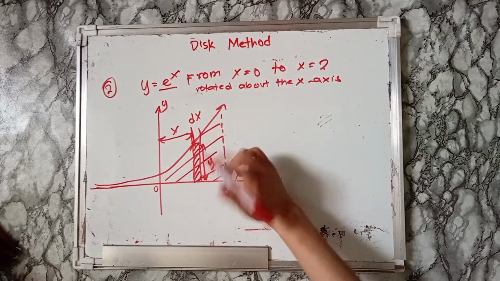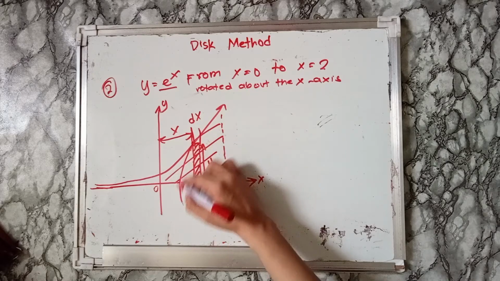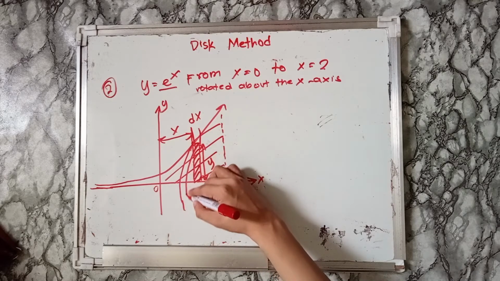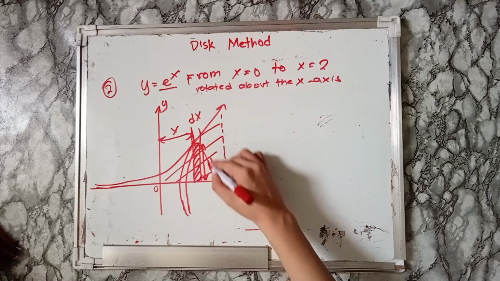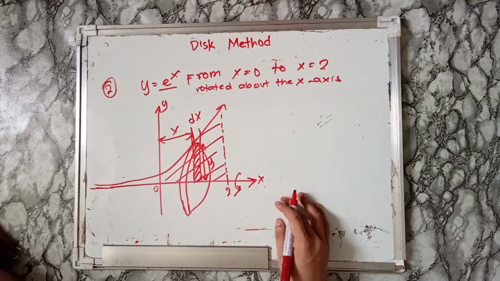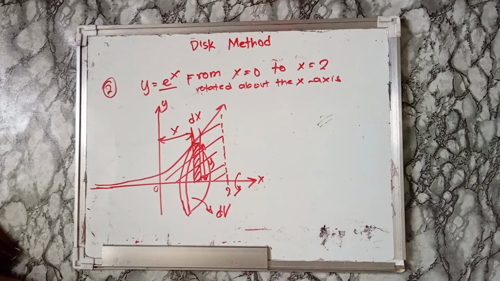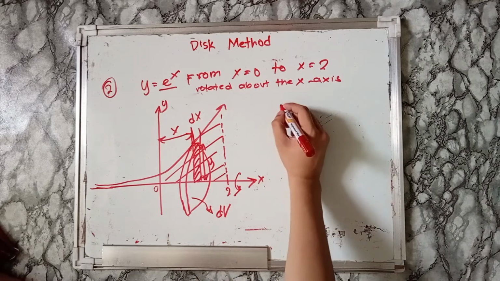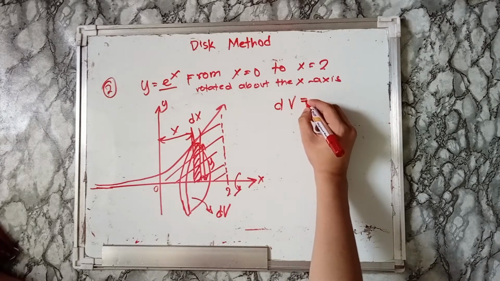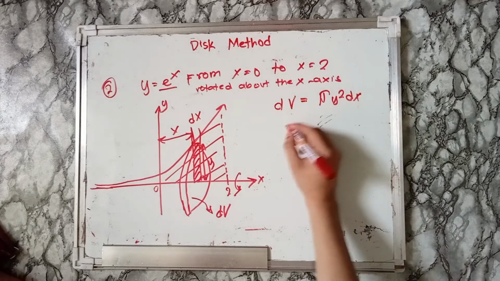So if we rotate this, it will look something like this, right? So this area is actually the differential volume. Now if we solve for the differential volume, again, this is just pi y squared dx, right?